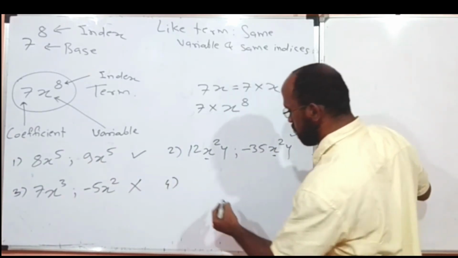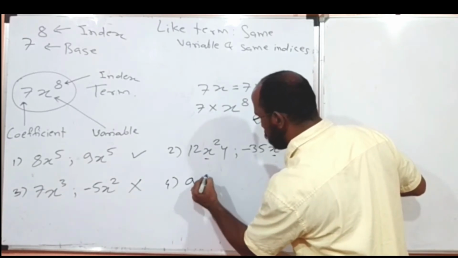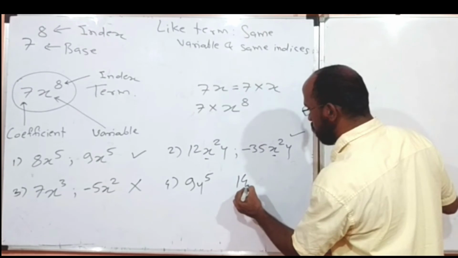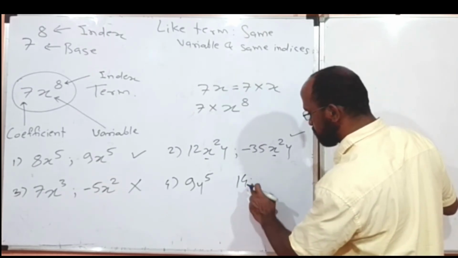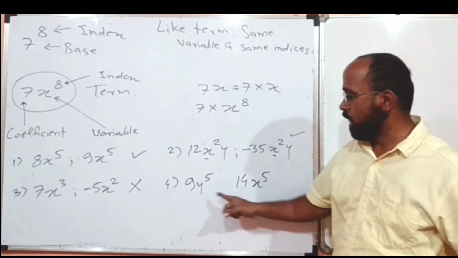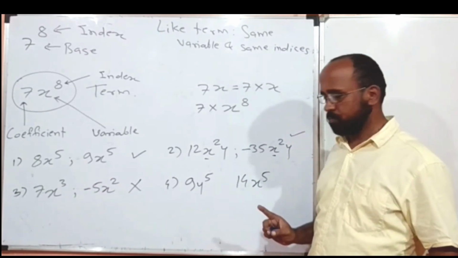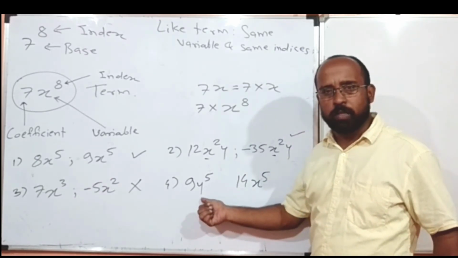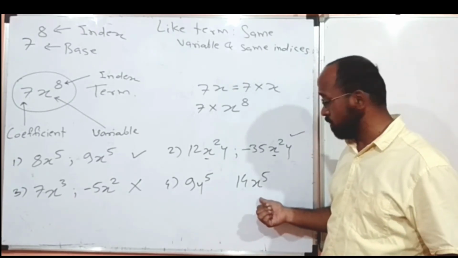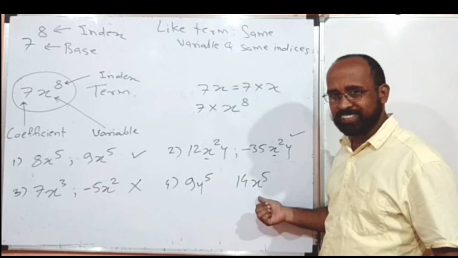Suppose 9y raised to 5 and 14x raised to 5. In these two terms, what is the variable in the first term? y. What is the variable in the next term? x.